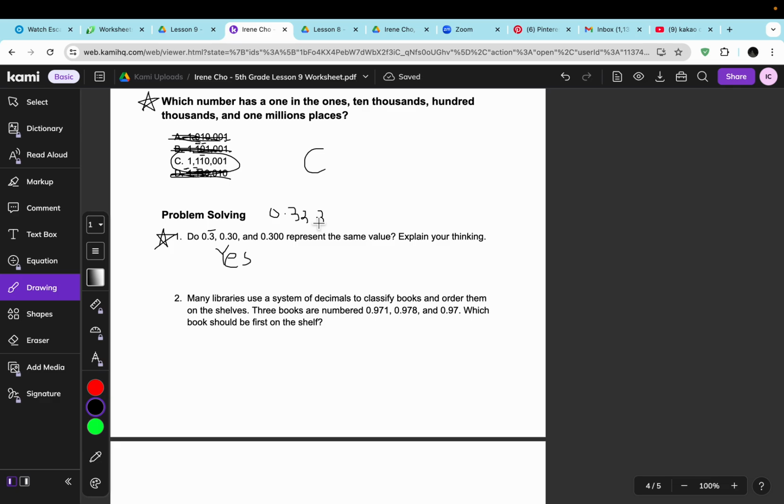Unless it has that, if it's just 0.3 or 0.4 or 0.7, it's going to have a 0 at the end, even though it doesn't show it. So this number just goes to 0.3000 till infinity. So yes, since all of them have the same decimal after the point, 0.3 in the beginning, they're all the same value.